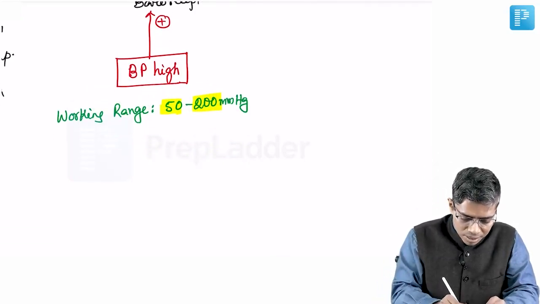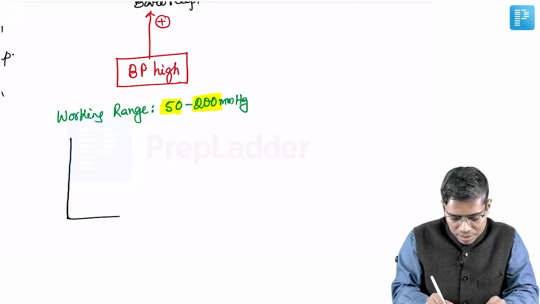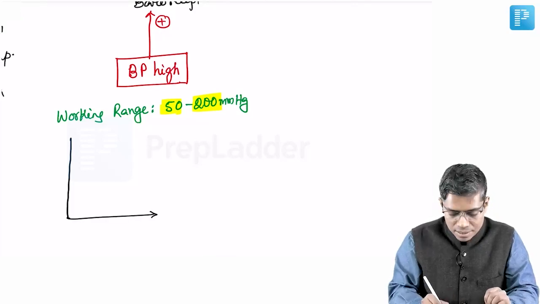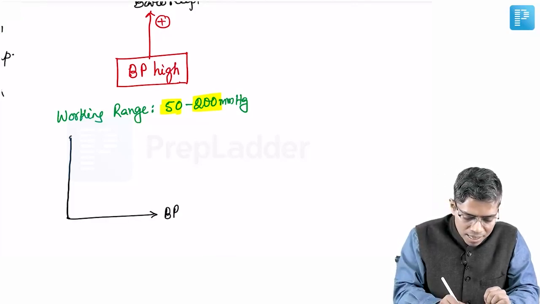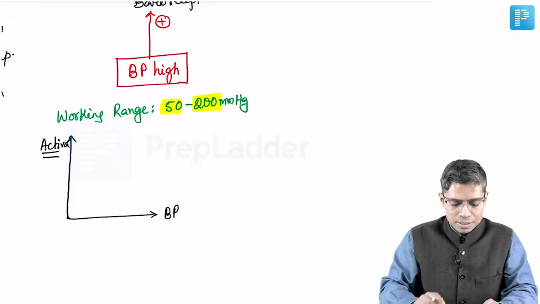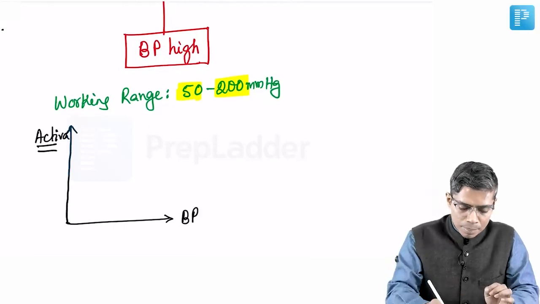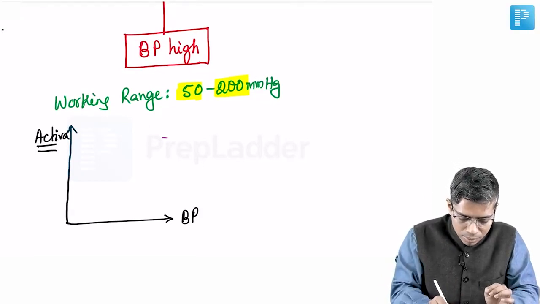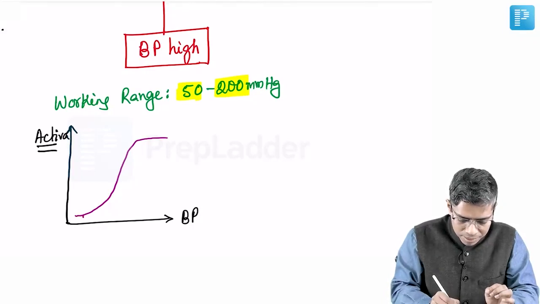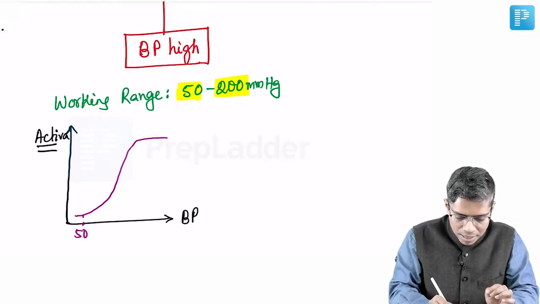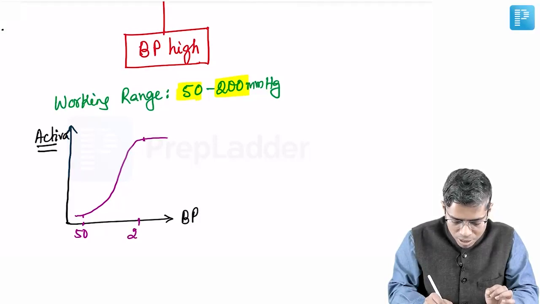So if I draw this curve, you will understand this in a better way. The x-axis is the blood pressure and the y-axis is the activation of the baroreceptor. Baroreceptor activation follows a curve like this. In this curve, this is 50 and this is 200.